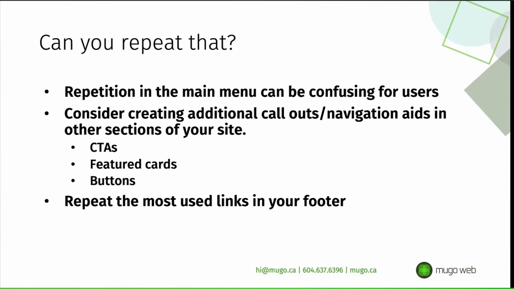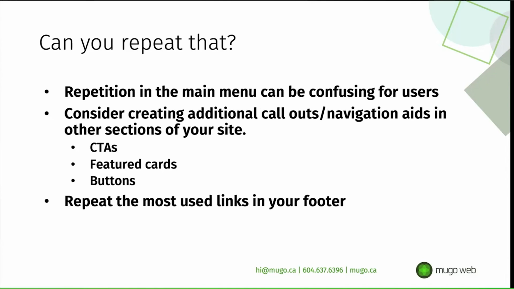That said, absolutely you should have links to things in multiple places. So if you have something that is linked in your menu, maybe you also have a featured card of it on another page. Maybe you have a CTA that focuses on it. Maybe you make a button at some point that people can click that takes them to that.